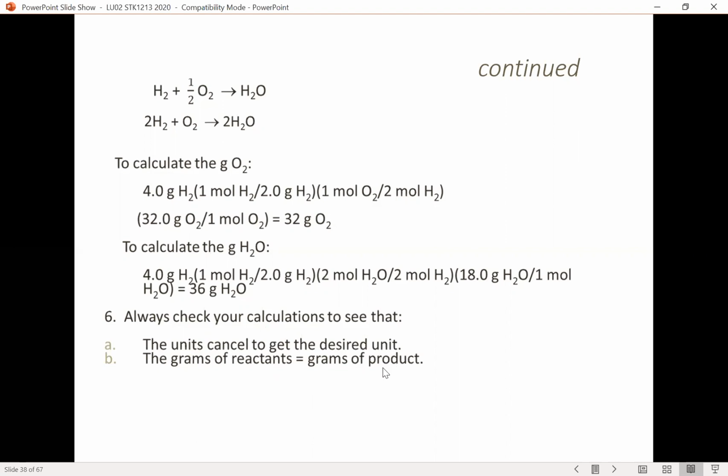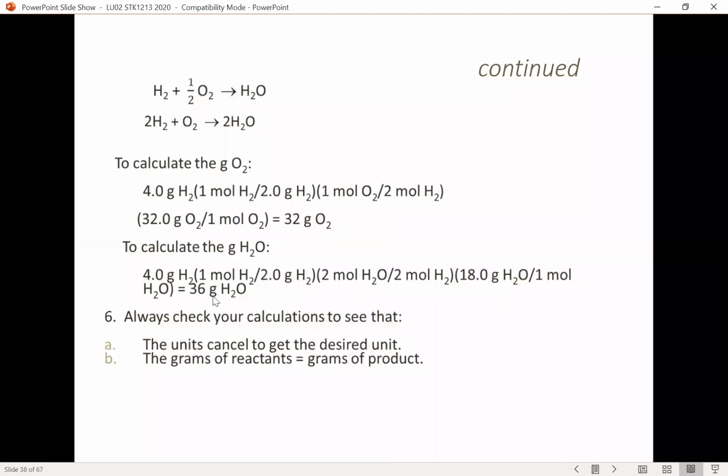For example, here you have 32 grams of oxygen and you have 4 grams of hydrogen. So on your reactant side, you have 36 grams of hydrogen and oxygen.